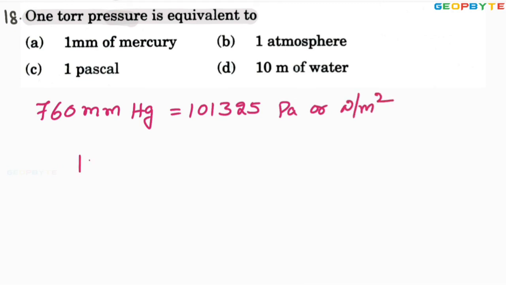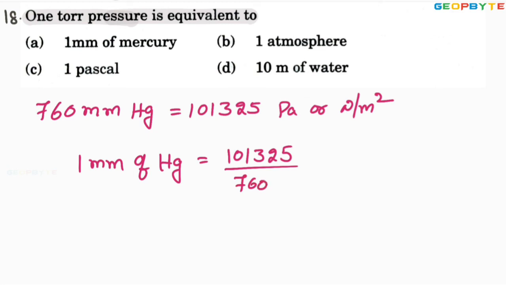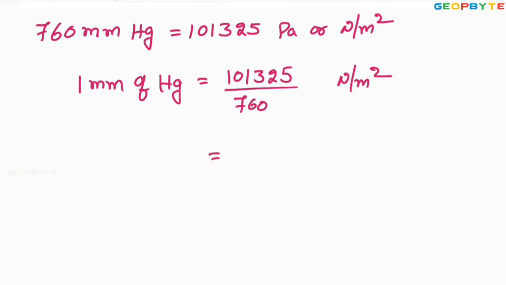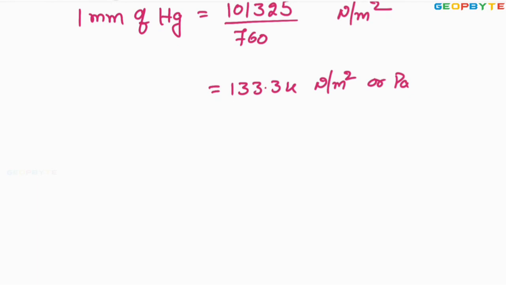From this, 1 mm of Hg equals 101,325 divided by 760 Newton per meter square or Pascal. You simplify this value, it is approximately 133.34 Newton per meter square or Pascal. Anyhow, this 1 mm of Hg is called 1 torr.